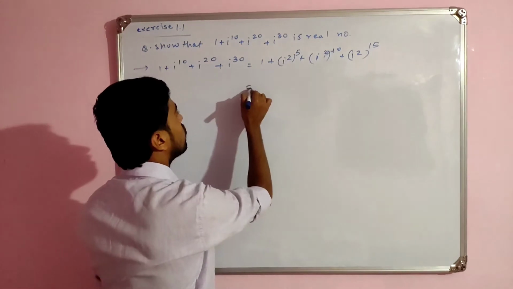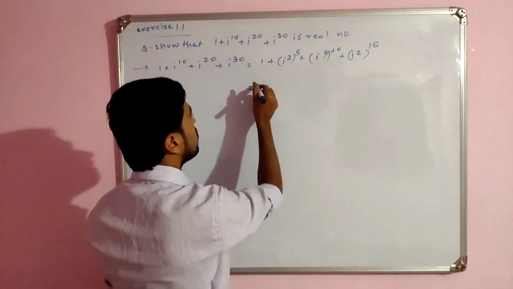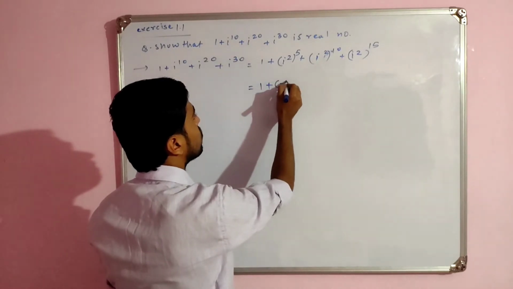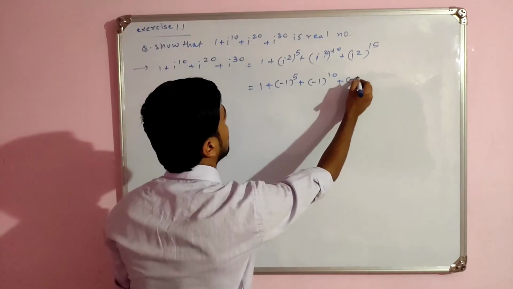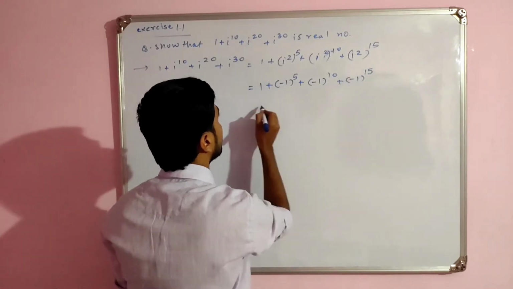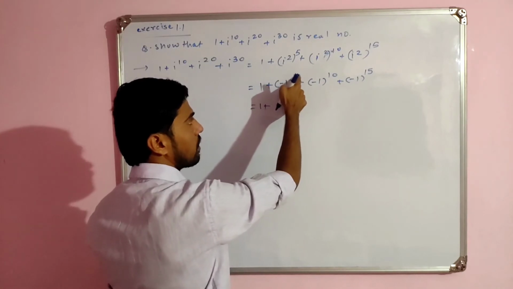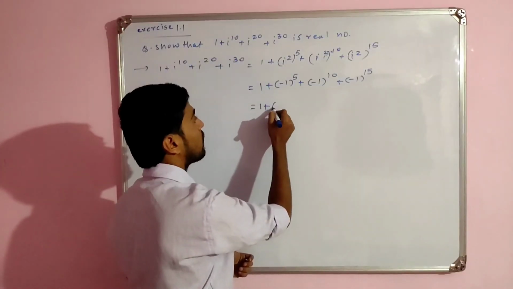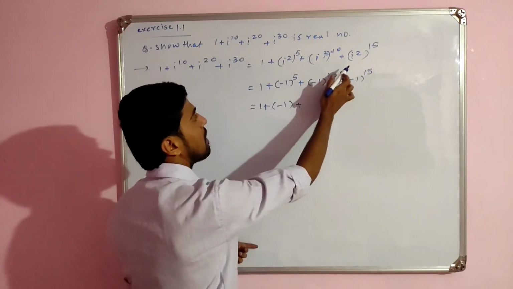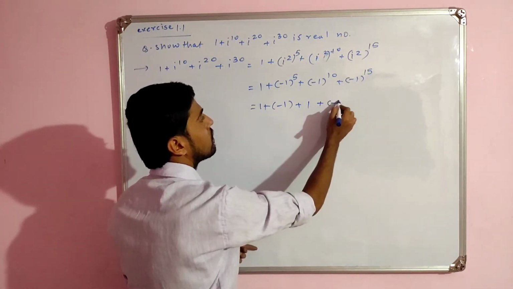OK, so S = 1 + i^5 + i^10 + i^15, with i² = -1. That is 1 + (-1) raised to the odd power 5, which is -1, plus (-1) raised to the even power 10, which is +1, plus (-1) raised to the odd power, which is -1.